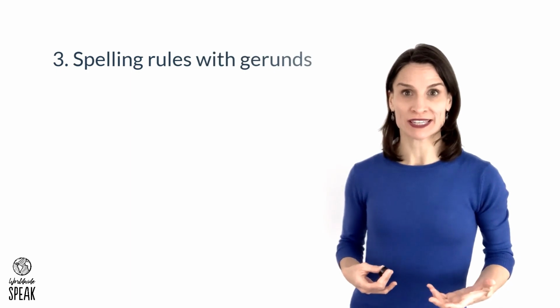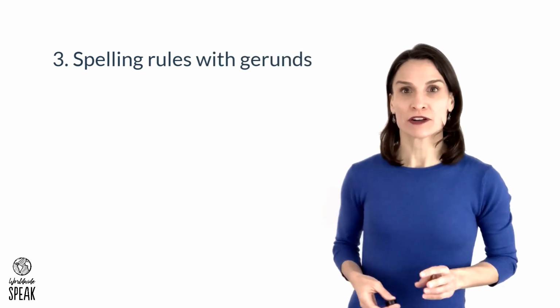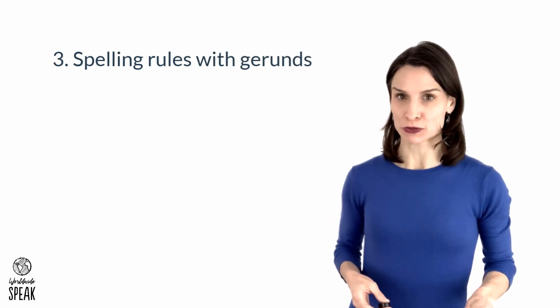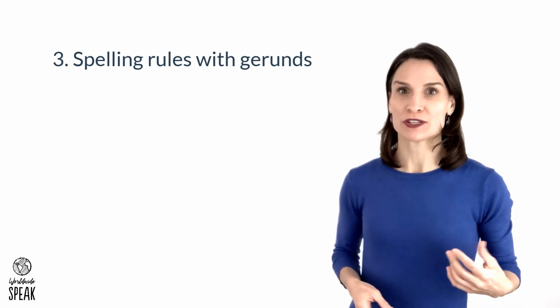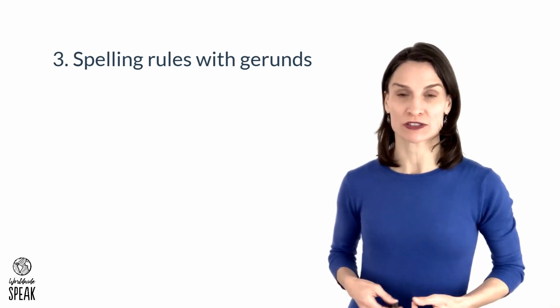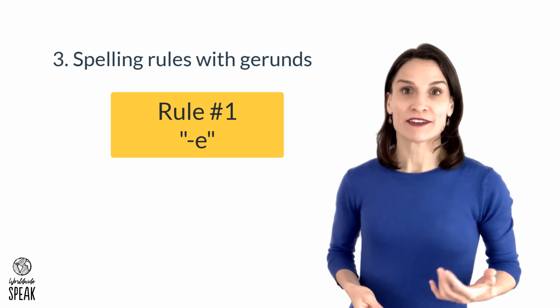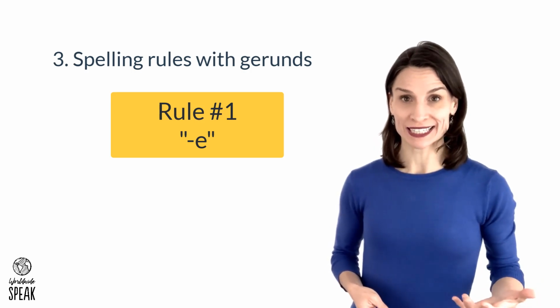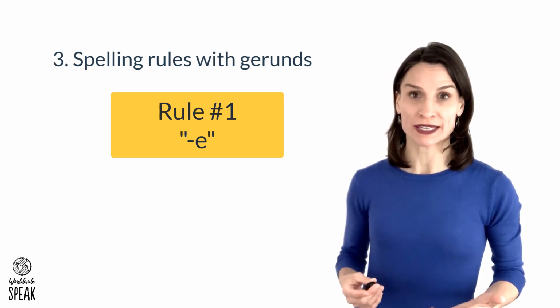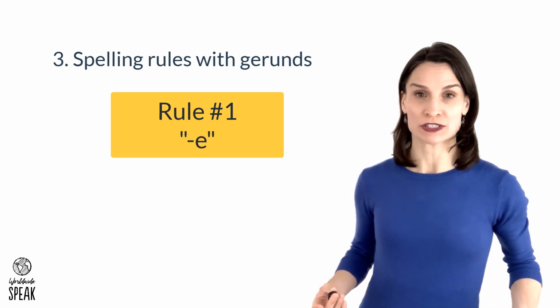So the last thing to think about when you're using a gerund is spelling. And there are a few simple spelling rules to keep in mind so that you can be sure you're using these gerunds correctly. First, if your verb ends with an E, you will drop the E before you add ing.